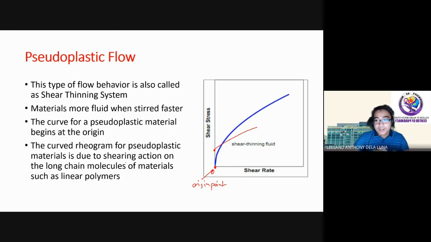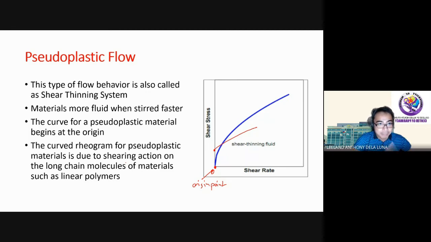The more I'm putting pressure, mas nagiging liquid yung fluid natin. Mas gumaganda yung flow property niya. Pero pag mabagal or konti lang yung force na ina-apply ko, less yung kanyang flow properties. Are we good? I hope I'm making sense. So that's pseudoplastic flow.